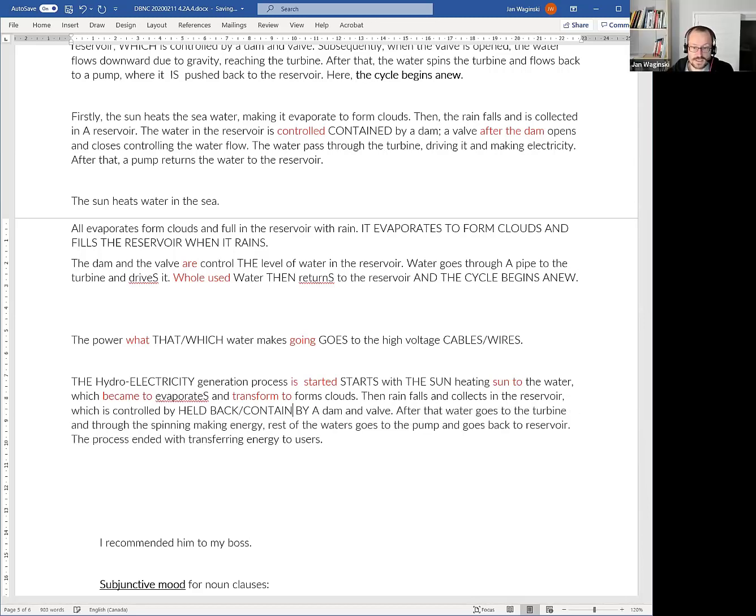Or you can say contained by a dam and held back by a dam. Okay. Water flow is controlled. This is where controlled comes in.